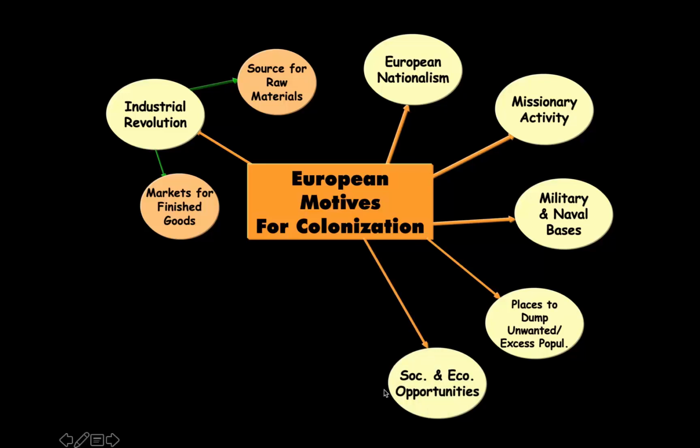Socio and economic opportunities. The more colonies you have, the more places that you have to get resources from, to trade with. People that may not be able to buy land in your country can go to this colony and be able to buy land cheaply there. That's part of the story for how the American colonies became so quickly spread, because of England not having really good opportunities for the middle and poorer classes.